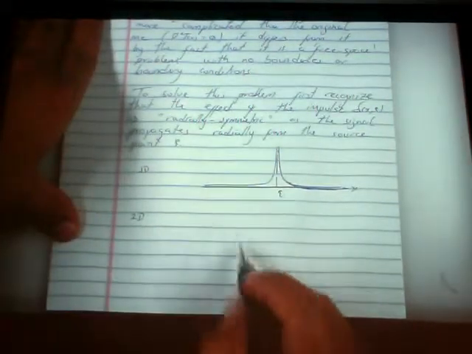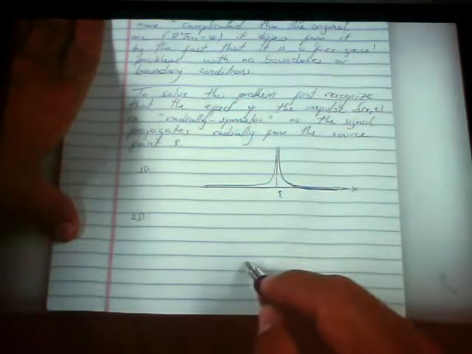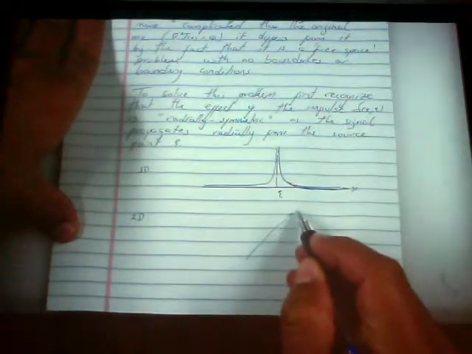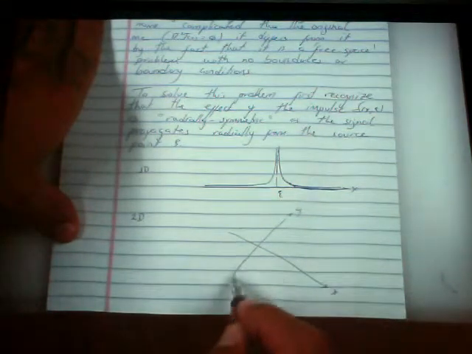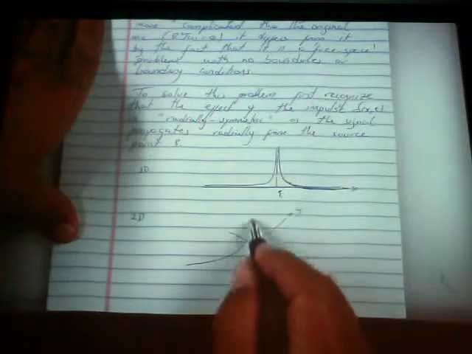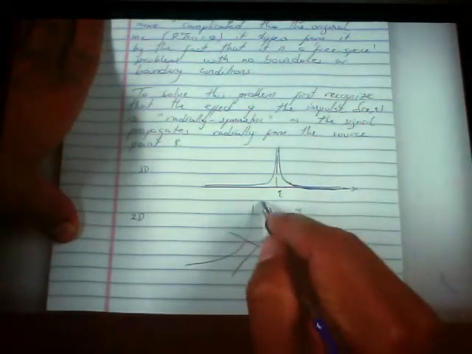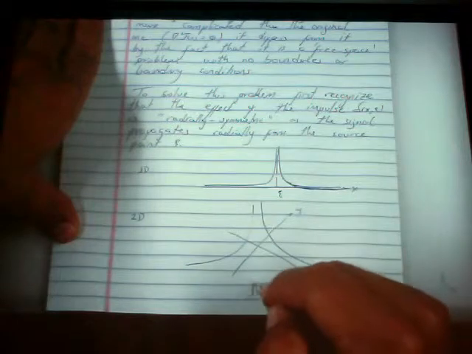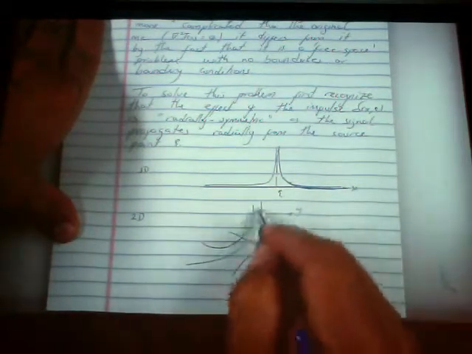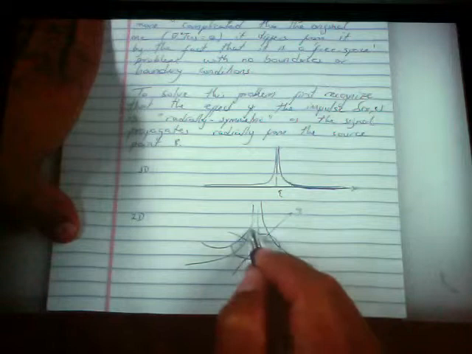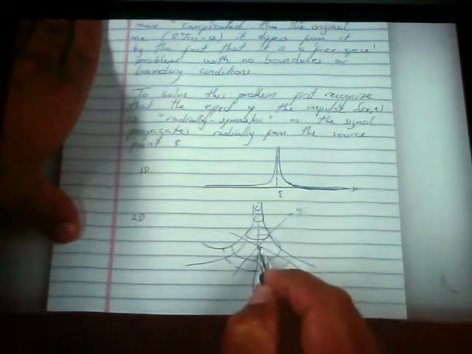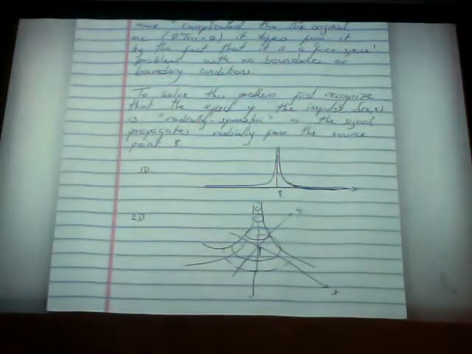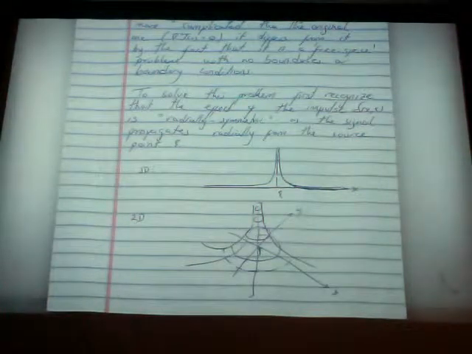And in 2D, the source sort of grows radially. Well, the signal propagates radially from the source point. Okay.